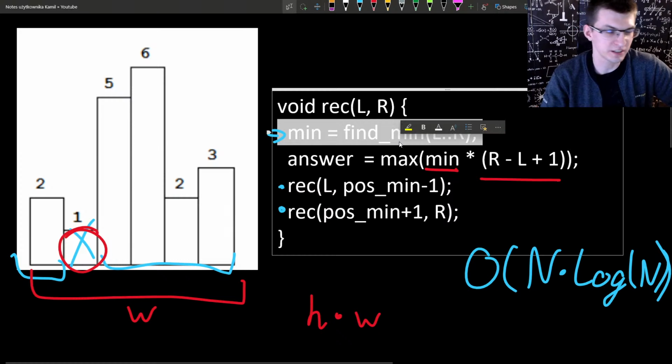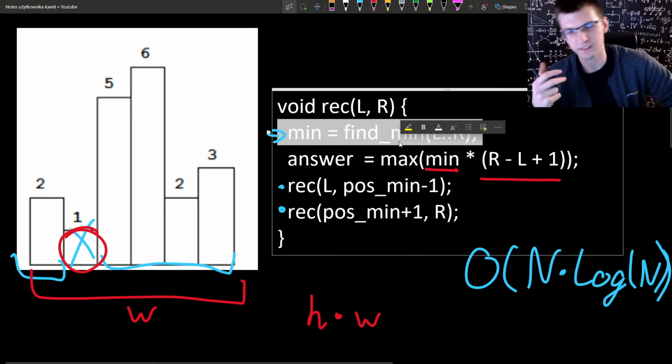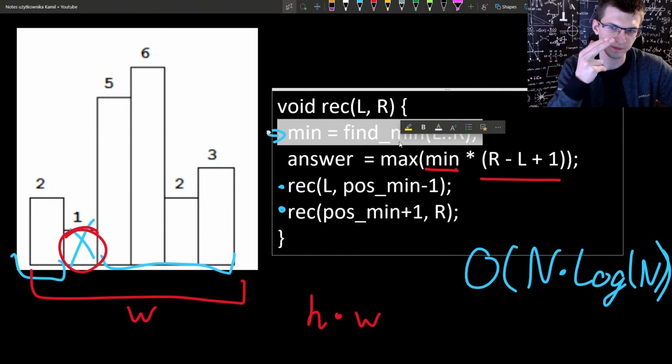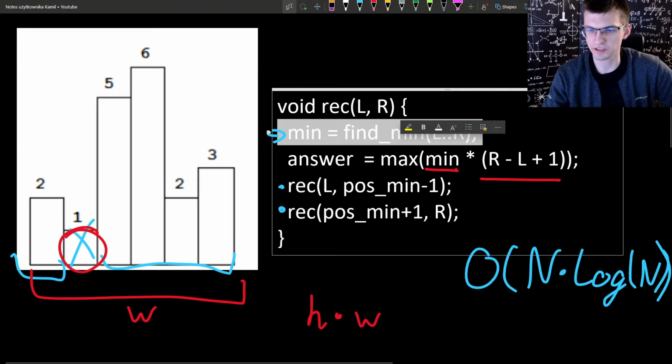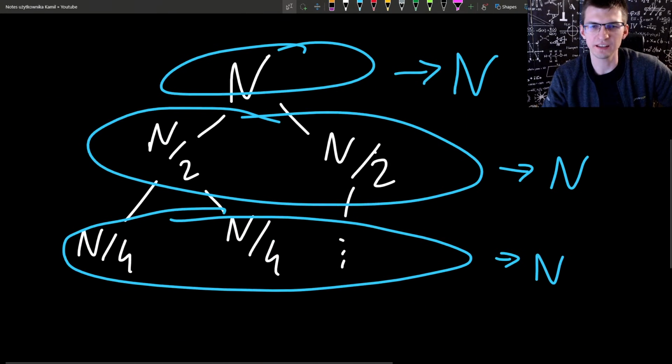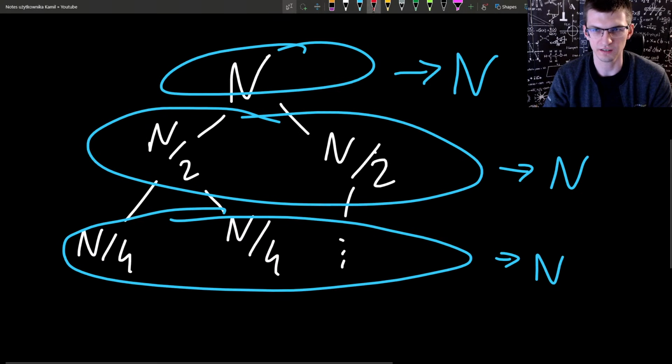With a segment tree, this you can do in logarithmic time, and this line in total will be run only a linear number of times, so it is n log n in total, because the number of nodes in this recursion is n in total.